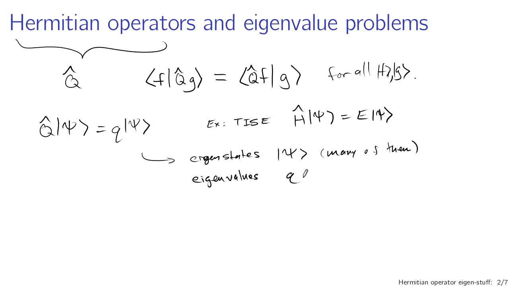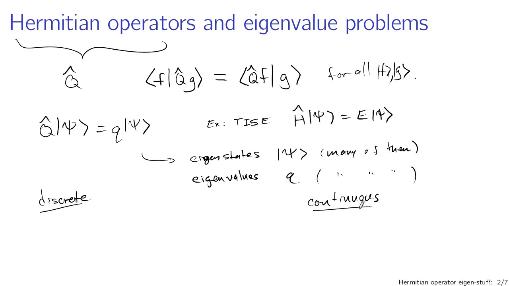Those are going to be the values of Q that result from application of this operator to a particular solution to the eigenvalue problem. And we're going to get many Q's as well. Each solution to this problem, and there will be many, generally has its own distinct value of Q in this sort of expression. And the sets of psi's and the sets of Q's that solve these problems generally come in two classes. We have discrete and we have continuous.